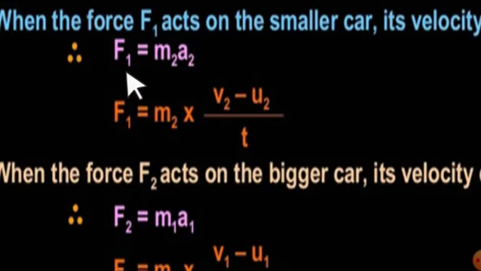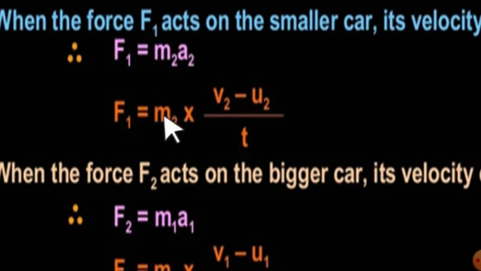So let the force given by the bigger car onto the smaller car be denoted by F1, and we know by Newton's second law of motion that F will be equal to mass into acceleration. As this F1 is the force experienced by the smaller mass, it will be equal to what? Mass of the smaller car is m2, and the acceleration produced, let's denote it as a2.